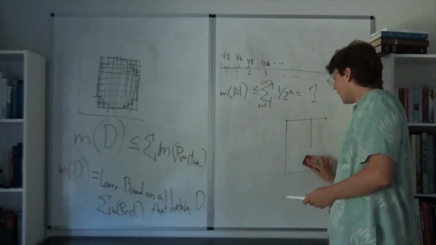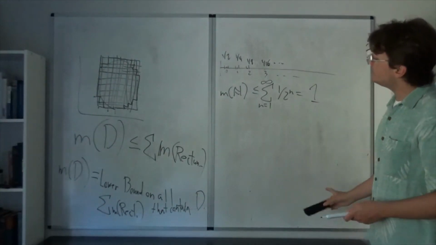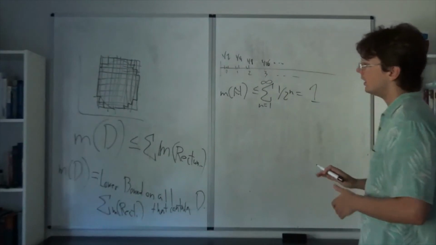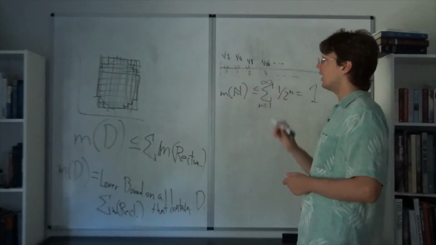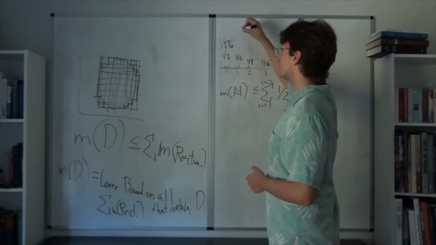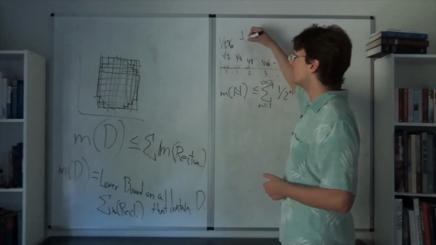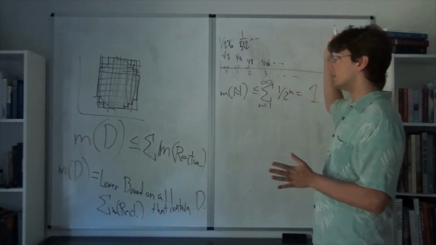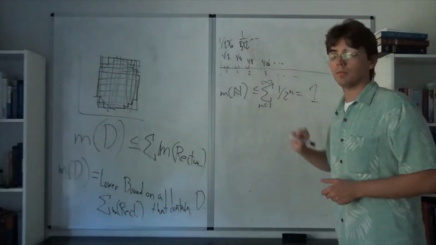So, okay, that's great. Now, one thing I could have done here, guys, is I could also have made these even smaller, right? Instead of starting at 1/2, I could have started at 1/256. And then I could have done 1/512, and so on, okay? These are powers of 2.